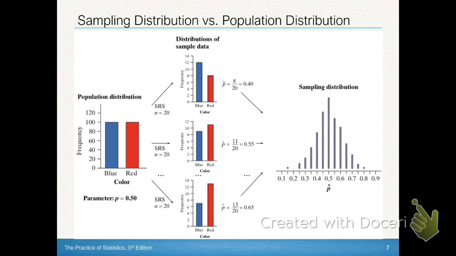And then the second time we had 9 blues and 11 reds. And then the third time we had 7 blues and 13 reds. Each of those is a distribution of sample data. Now, if we take the proportion of reds in each of those, so 0.4 for the first one, 0.55 for the second one, 0.65 for the third one, and we do that many, many times and put those as dots on a dot plot on the right-hand side, that becomes our sampling distribution.